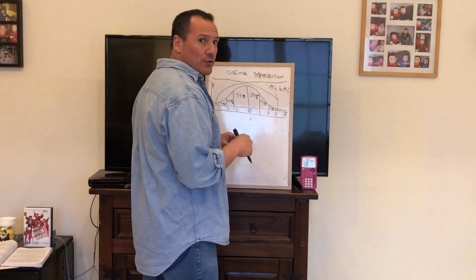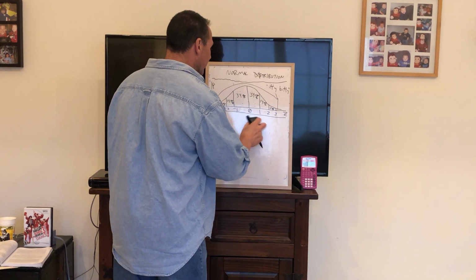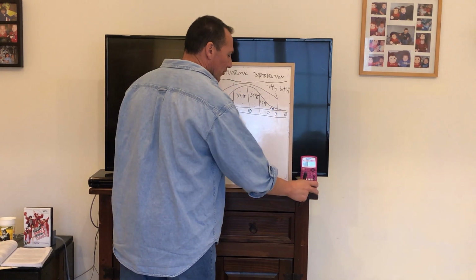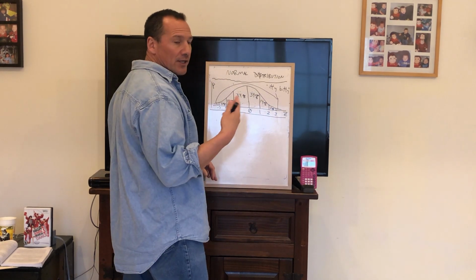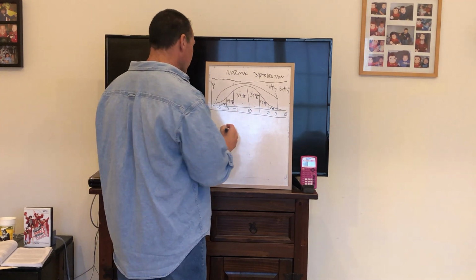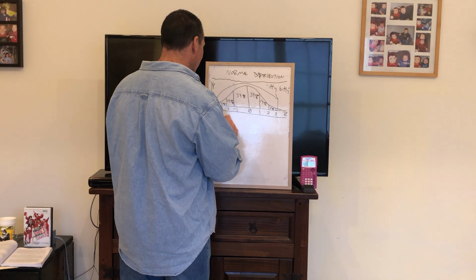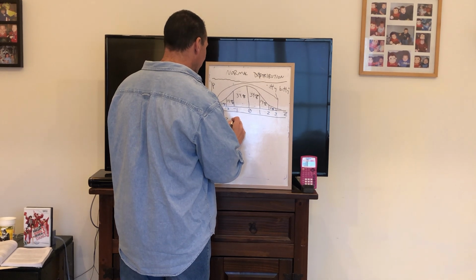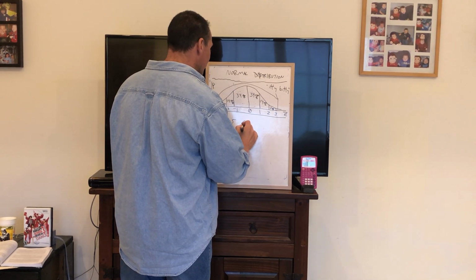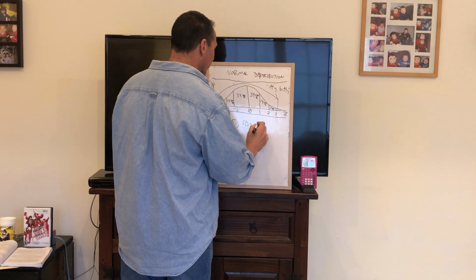But there are some really useful pieces of information that we can use in just thinking about a normal distribution. So imagine that you have a mean of 2.5, and imagine you have a standard deviation of 0.5.